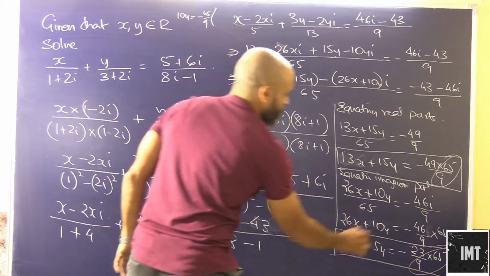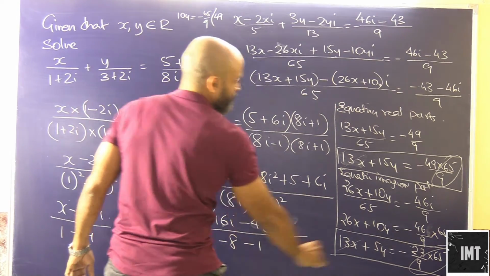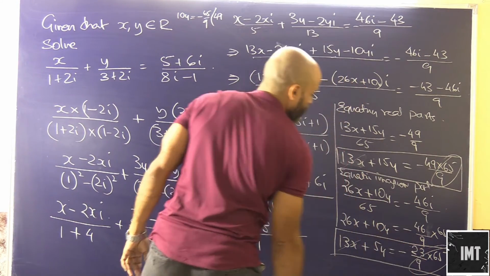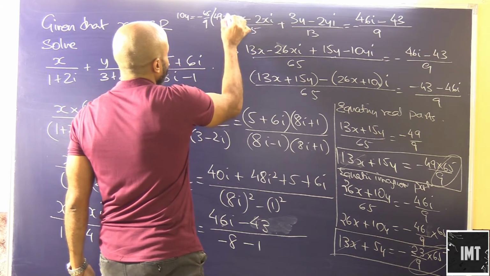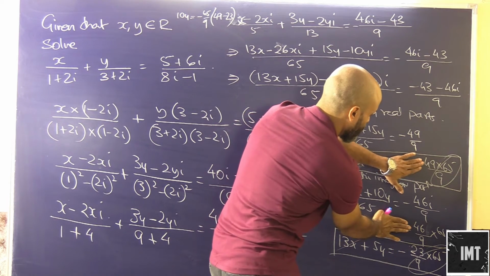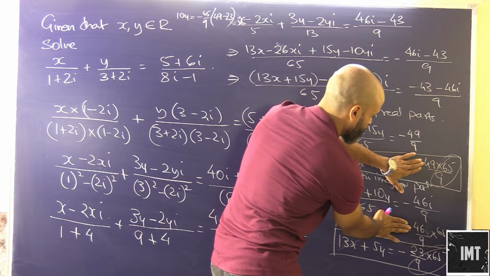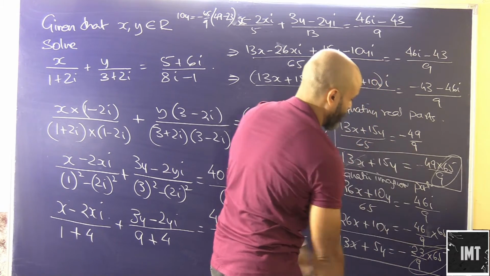and I don't have place here. So this will be 49 minus 23, 49 minus 23. If I keep the minuses out, so this will be 49 minus 23.